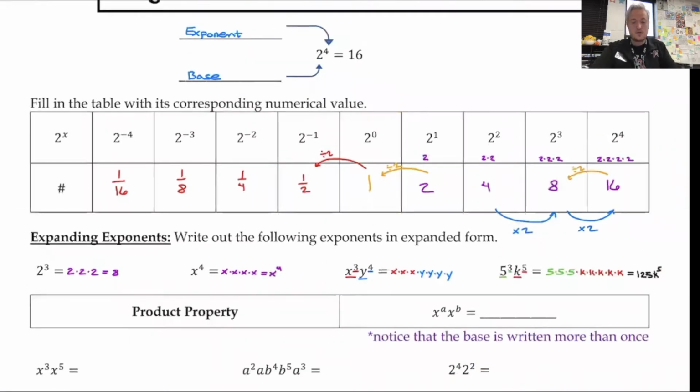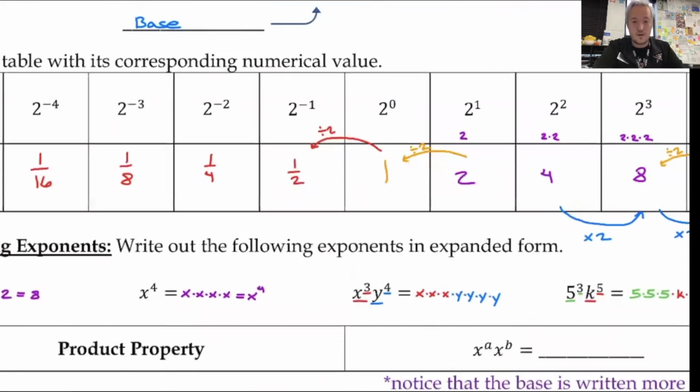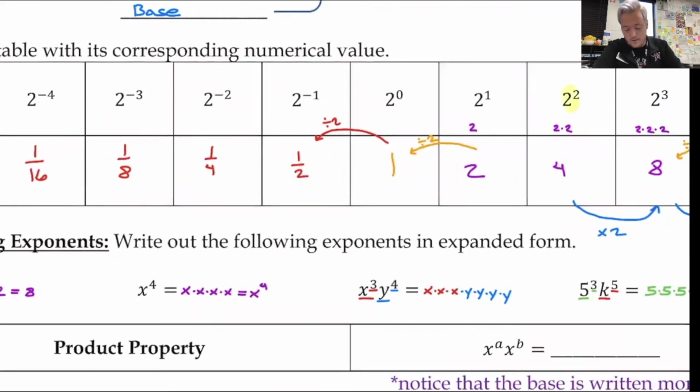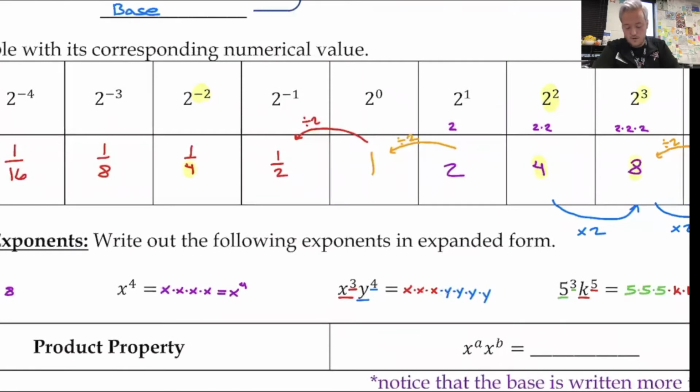If you notice, the numbers are actually the same. The only difference is if it's negative, the value is in the denominator. So 2 squared, we have a 4. But if I have 2 to the negative second power, it's in the bottom. If I have 2 cubed, our number is 8. But if the exponent's negative, it's in the denominator.